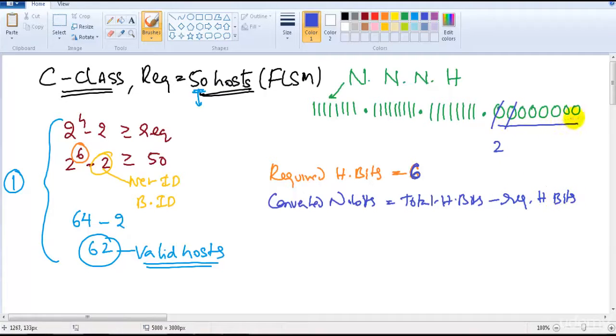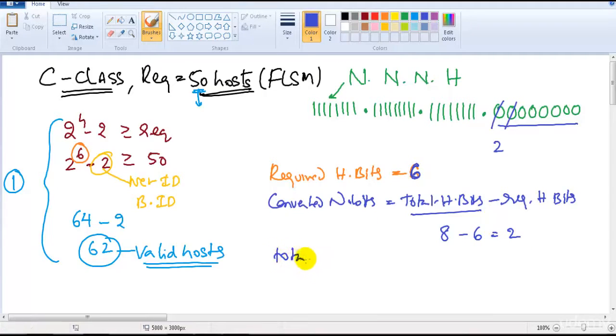Total there are 8 host bits as per my C class example, and I need only 6, based on 2 to the power of h minus 2 which I have calculated. So the remaining 2 bits get converted.